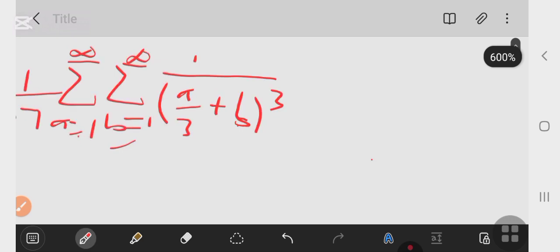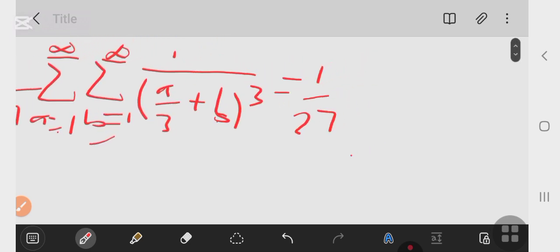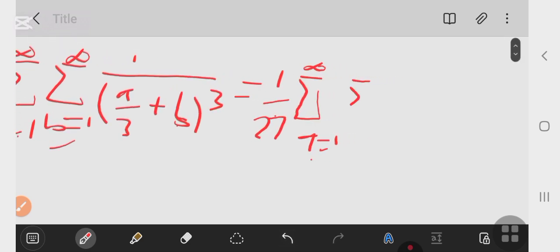This sum will be modified into 1 over 27 multiplying the double sum of a from 1 and then the other sum to infinity of, sorry, not b this time, n from 0.